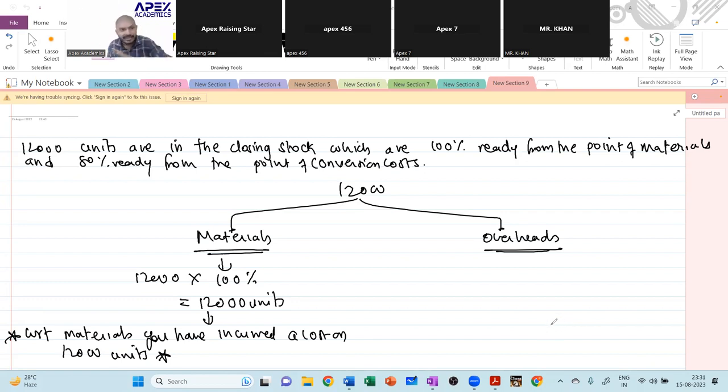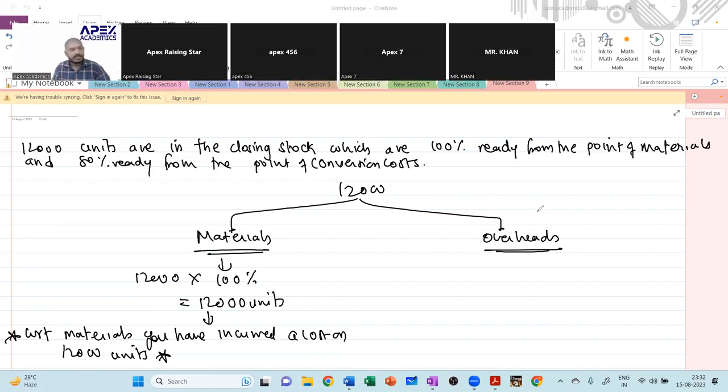Give me a thumbs up if you understand this statement. That 12,000 units, all the material work is done. So the material cost that you've incurred on these 12,000 units is for full 12,000 units. But now here, overheads are 80% ready, which is 9,600 units.